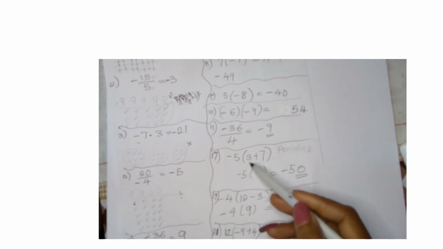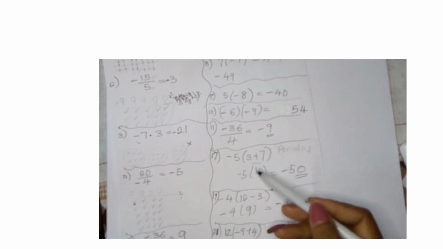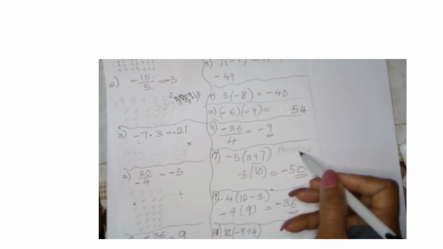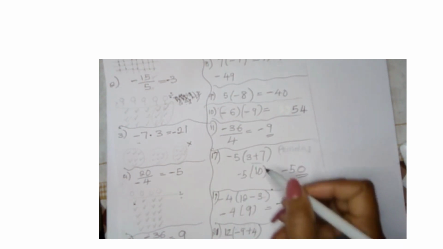So it's the same question. Negative 5 bracket negative 3 plus 7. So what you have to do, you solve the one in the middle first. Remember PEMDAS: parentheses, exponential, multiplication, division, addition, and subtraction. This is bracket, parentheses.